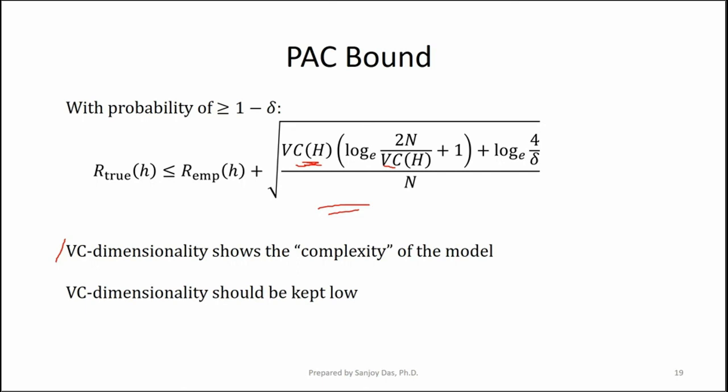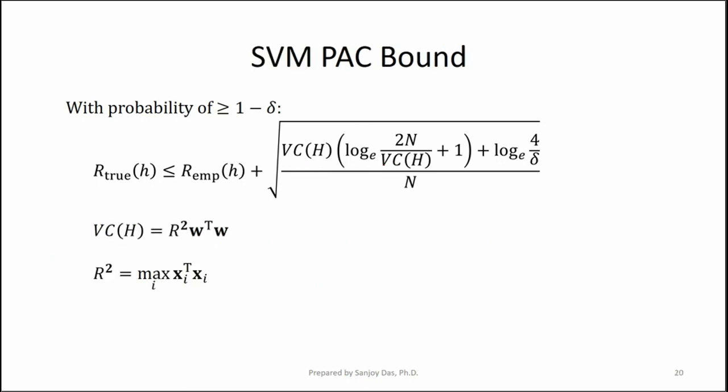Now let's look at the PAC bound specifically for support vector machines. So this is an expression for the support vector machine PAC bound. The first expression is the same as before, but the VC dimension of a support vector machine is equal to R square W transpose W. And R square here is the max of the squared L2 norm of a sample.